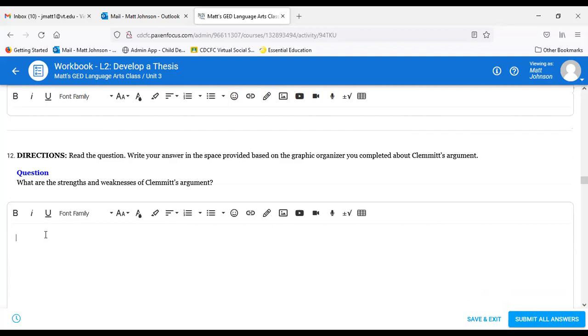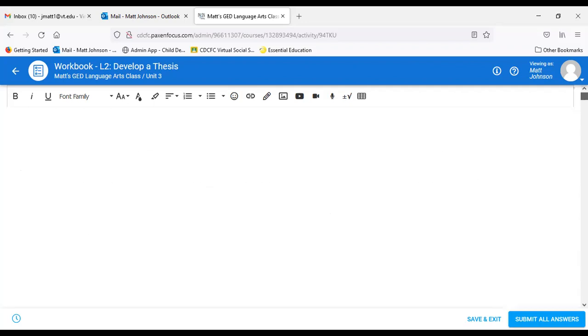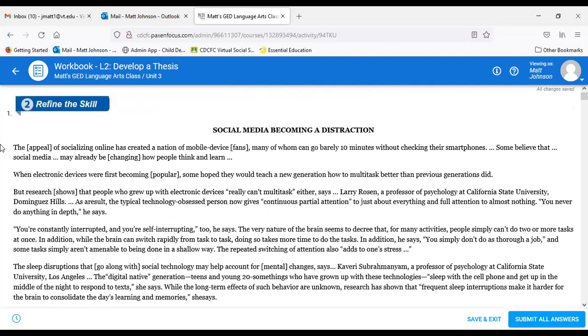So, thinking about that first one, I'll go back and take a look at it here too. She presents her argument.